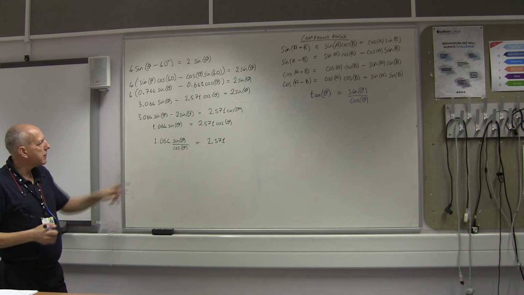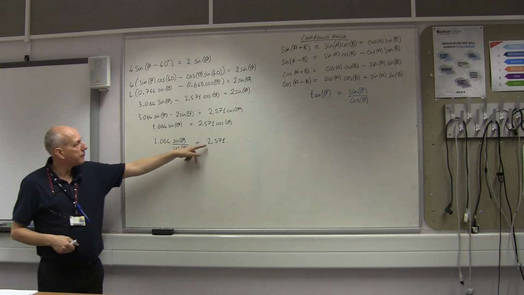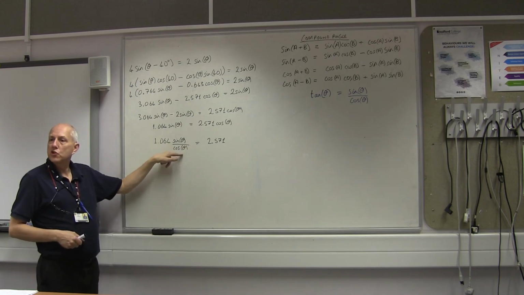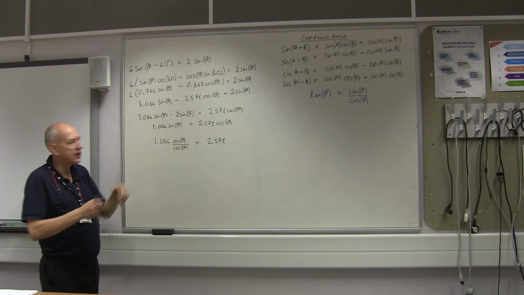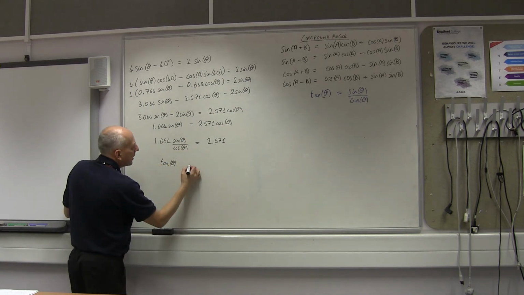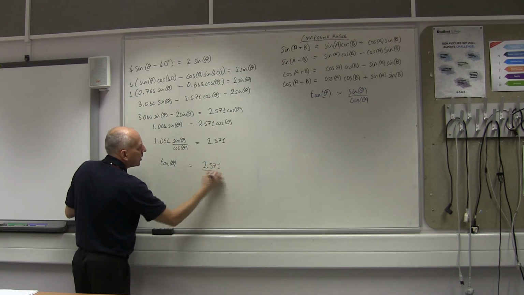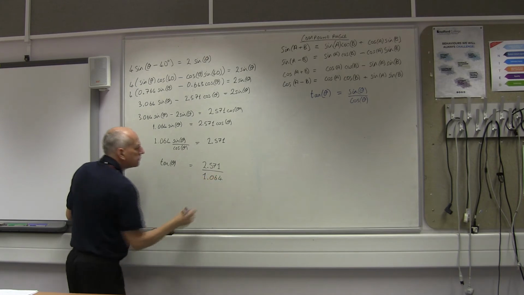So I can now shift this to the other side by dividing through by that. I'll have that divided by that, and that'll leave this on its own, which is the same as tan theta. So I can say tan theta for these two equals 2.571 divided by 1.064.